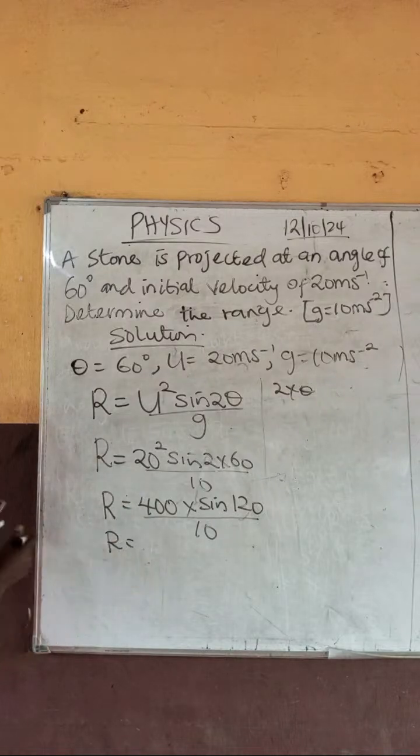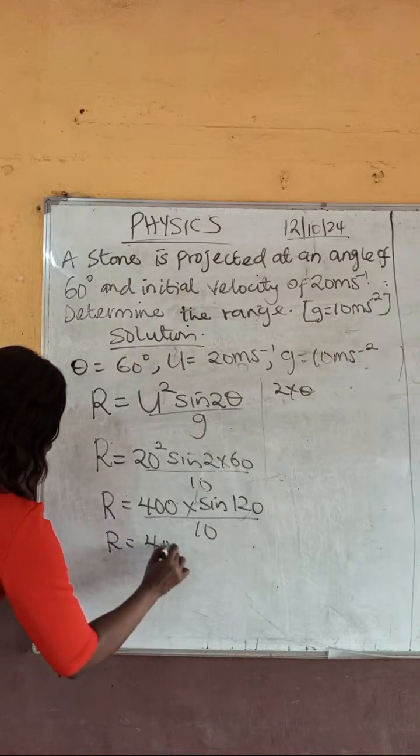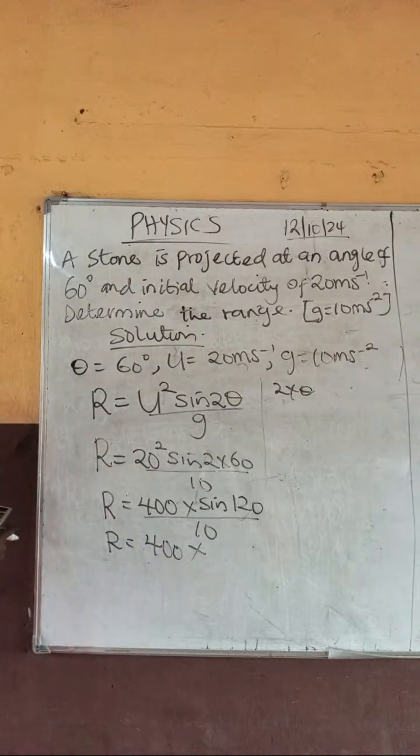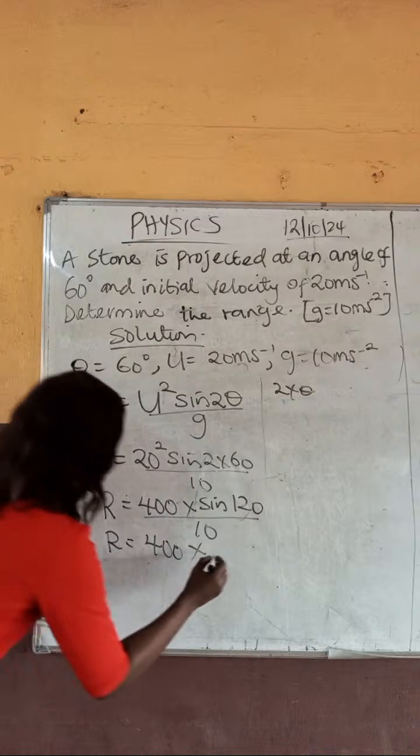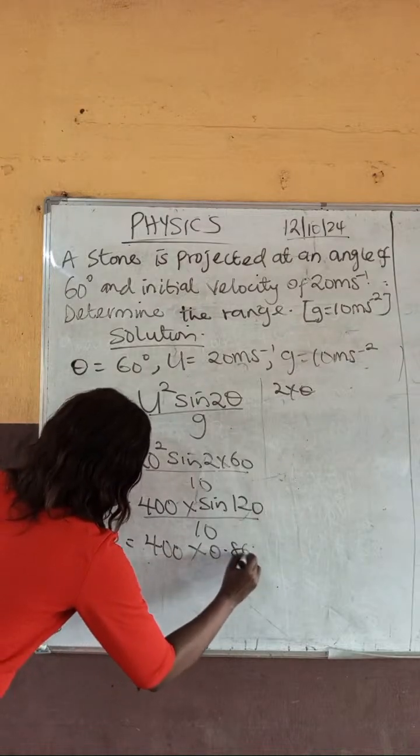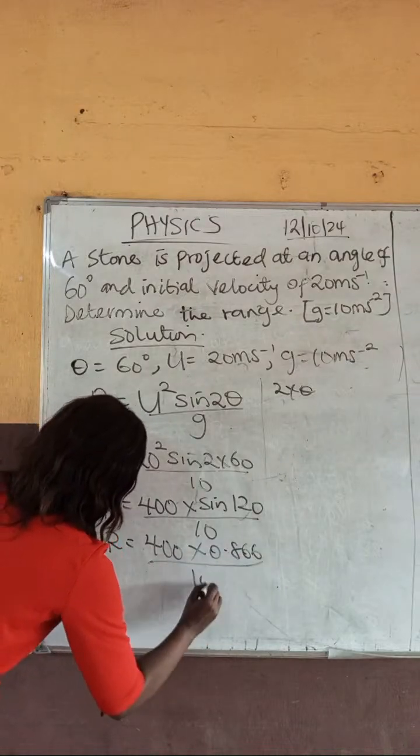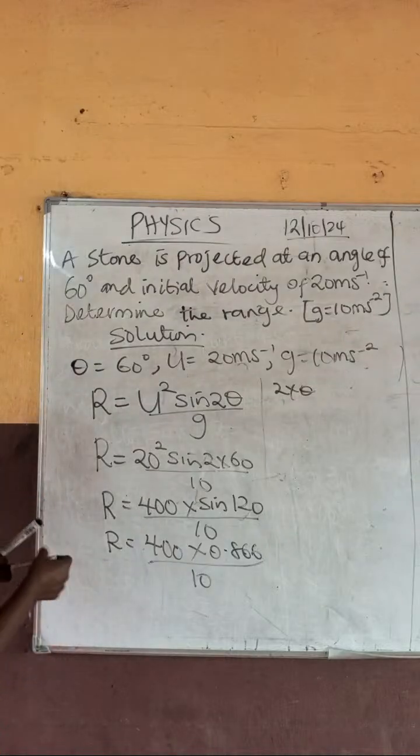So my R is equal to 400 times sine 120, that is 0.866, divided by 10.